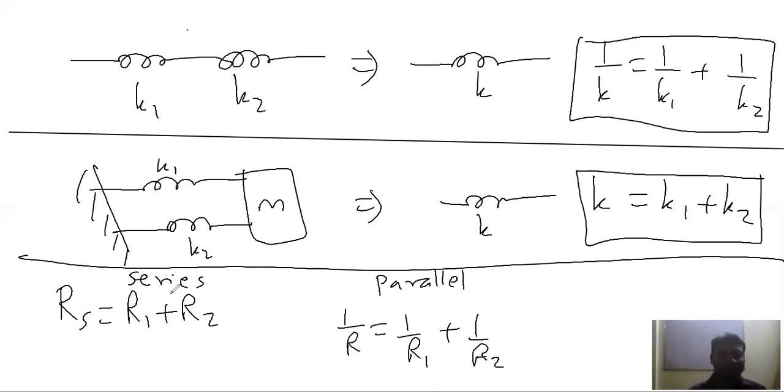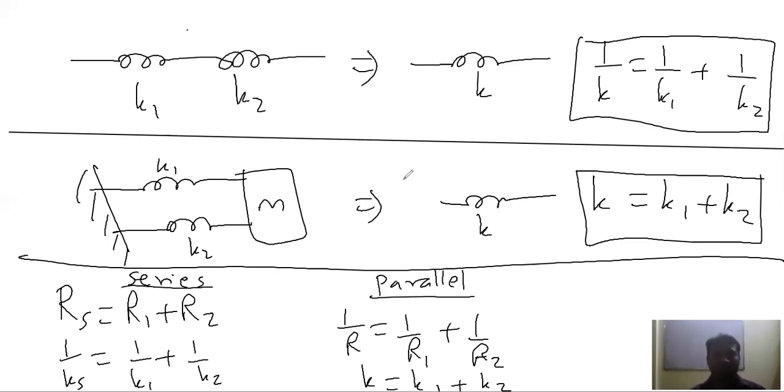So in this case, for series springs, we have 1 upon K series is 1 upon K1 plus 1 upon K2. For springs in parallel, we have K is equal to K1 plus K2. So these are the equations which we need to remember for springs in series and springs in parallel.